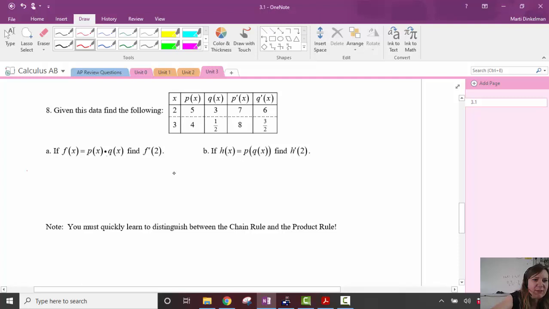So on A, let's find f prime of x first. So that's going to be first times the derivative of the second plus second times the derivative of the first. And then if we're finding f prime of 2, we'll have to plug our 2's in for all of those.